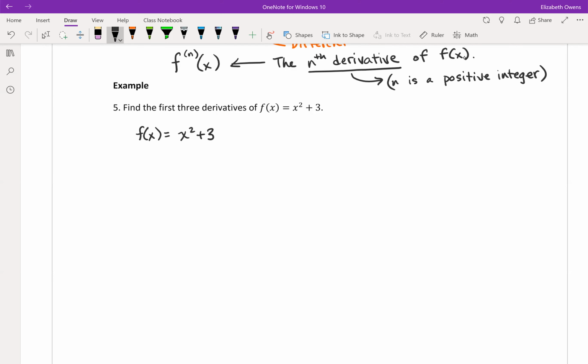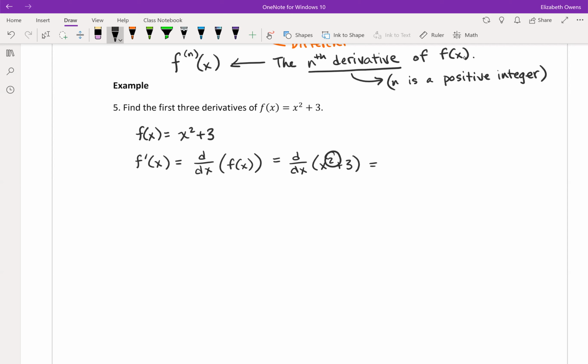And so to take our first derivative, that would mean we are finding f prime of x, or if you want to go Leibniz on it, we could do d dx of f of x. So we are taking the derivative of x squared plus 3. And this one is a quick power rule.